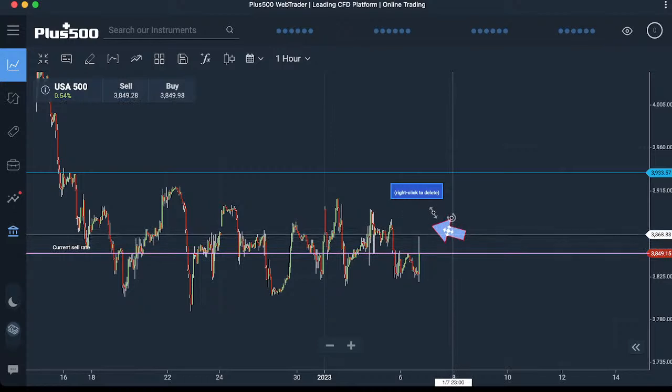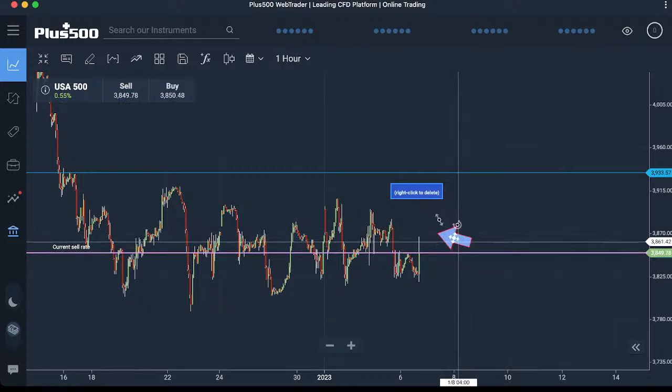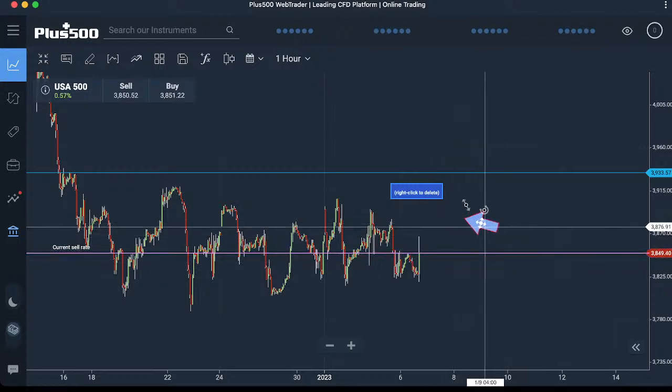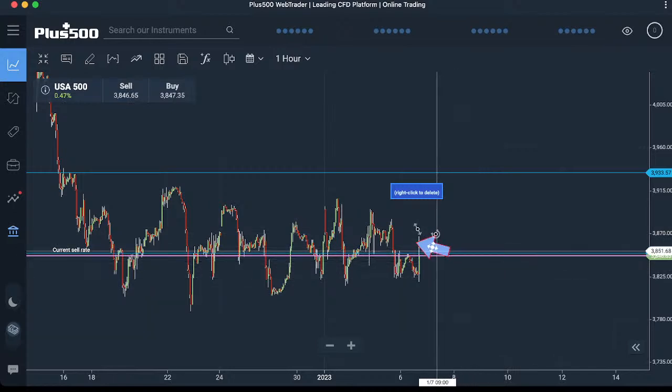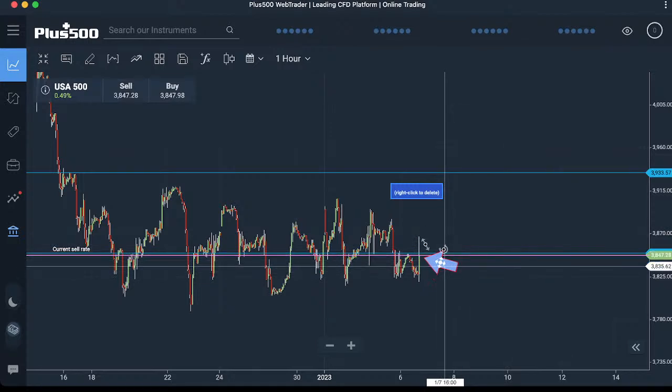Now price is just hovering and doing nothing, so we have to wait another 2-3 minutes to see the reaction to this level. You can see the reaction to this level, which is a daily bullish order block.